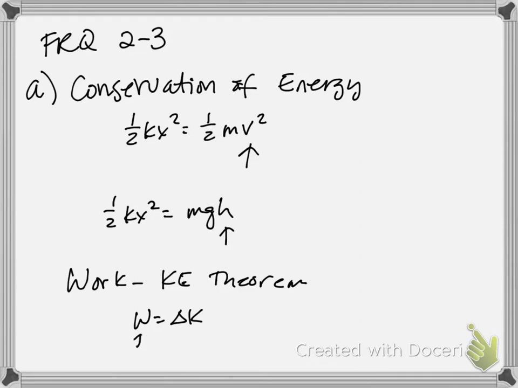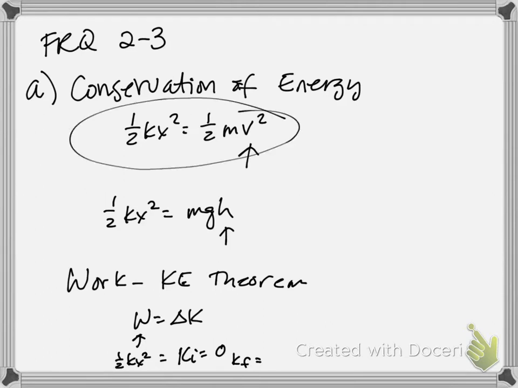So again, the work done by compressing the spring is 1/2 kx squared. And then you could say, well, the initial kinetic energy is 0, and then you could measure the final kinetic energy and then compare those, which is essentially what you're doing here.